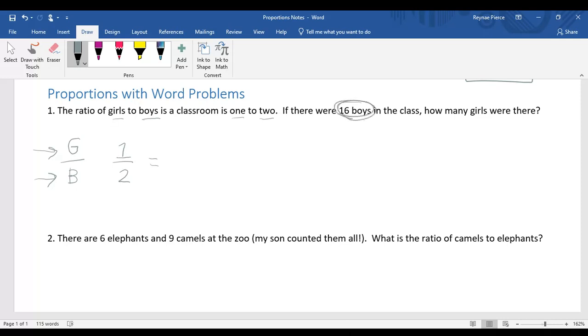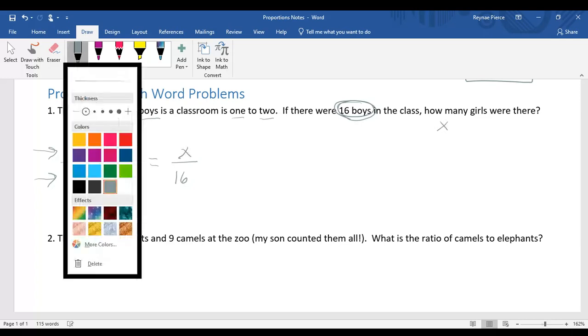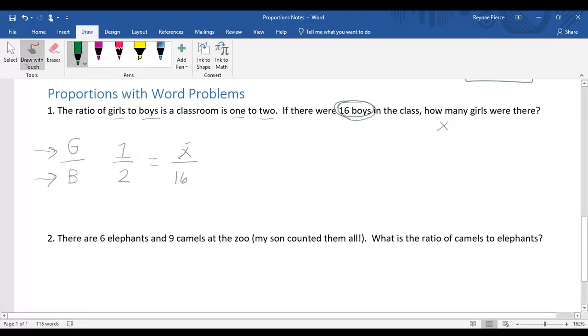If there were 16 boys, okay, so the number of boys goes on the bottom in the denominator. Okay, how many girls? We don't know. That's what we're trying to find, so that's going to be our variable.